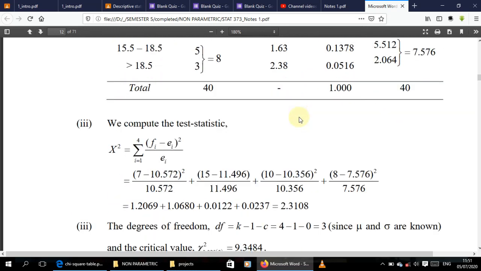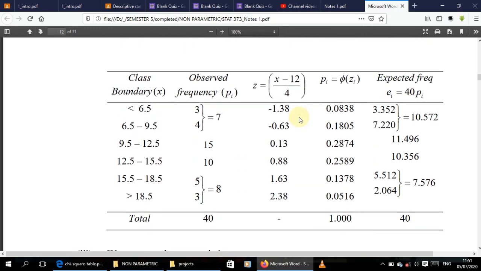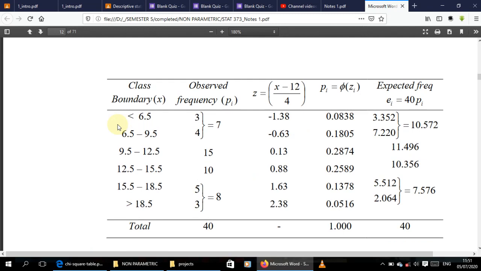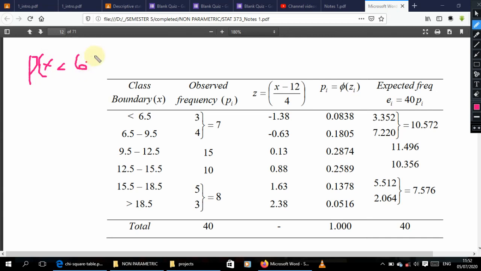So we are looking at the probability that x is less than 6.5. Okay, so that's what you have.